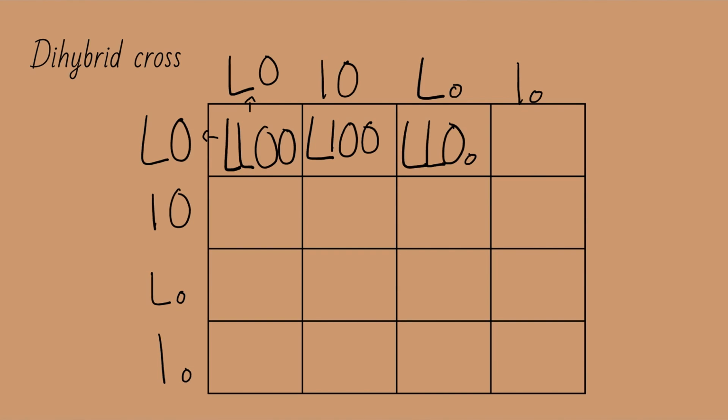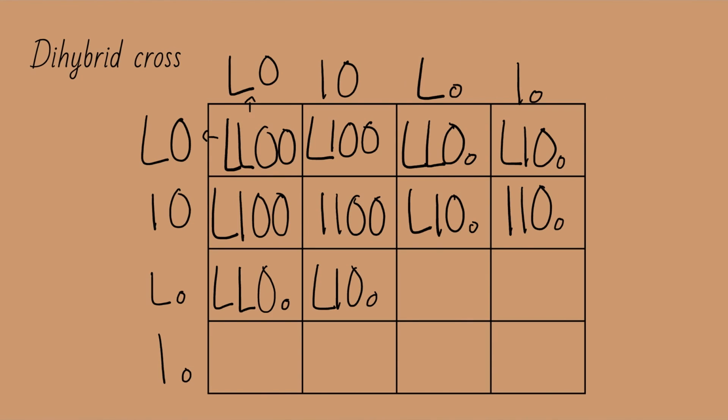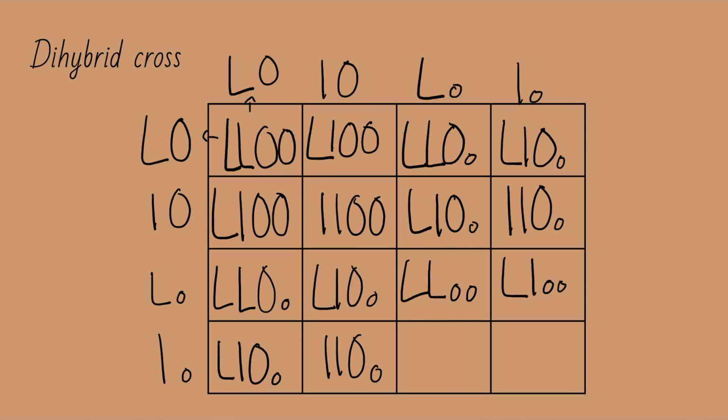Remember that even though this O is on top, it's recessive, so it's going to go after the dominant O. Okay, so now we have our Punnett square.